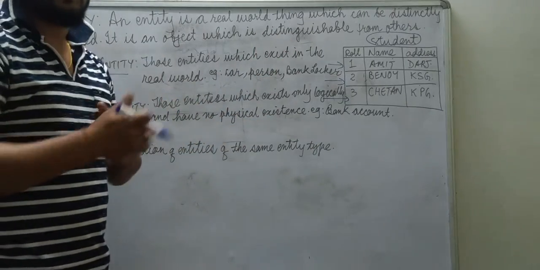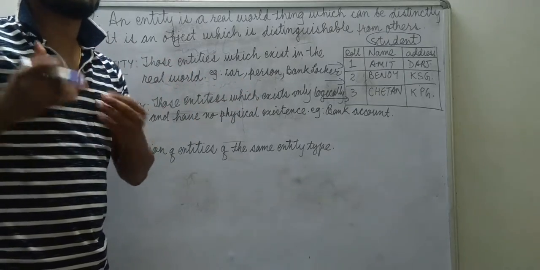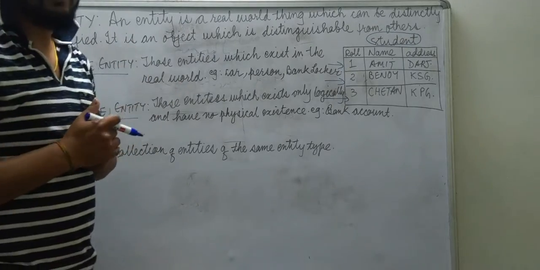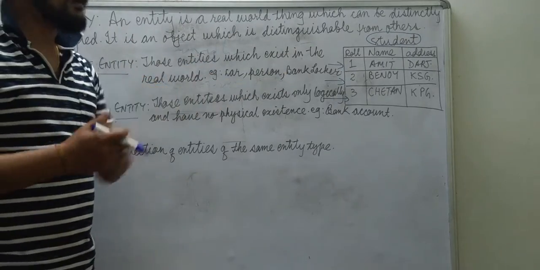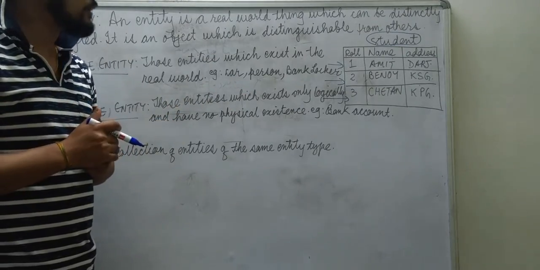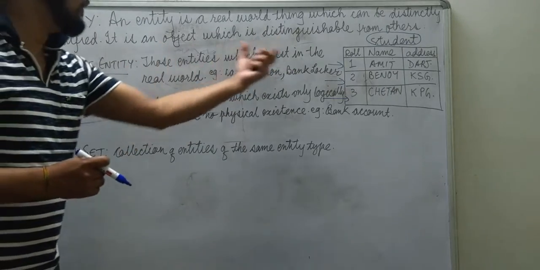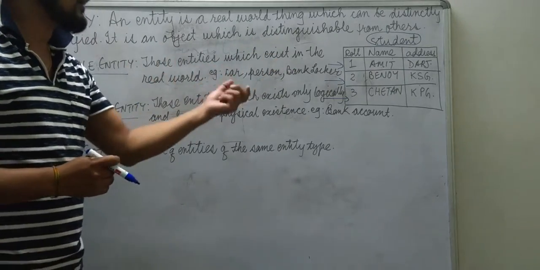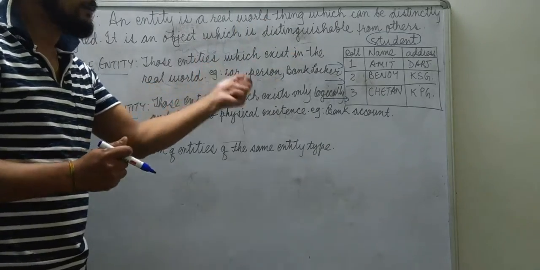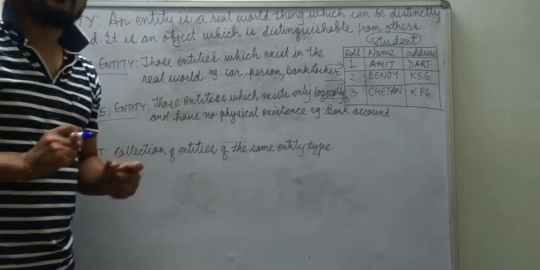A person is also an object, but each and every person is different from each other, so the person is an entity. Everyone has a different bank locker, so a bank locker is an entity. It exists in the real world; we can touch a car, a person and a bank locker. It is in the physical world.